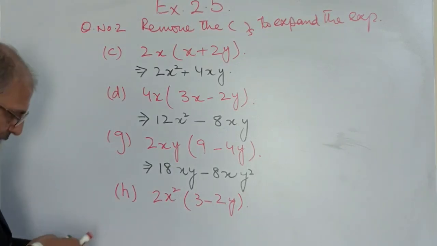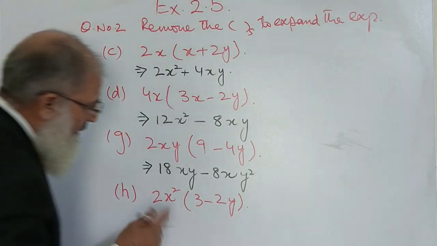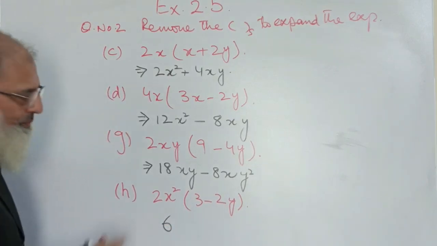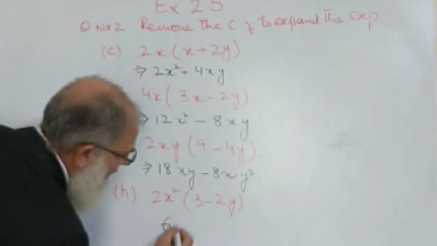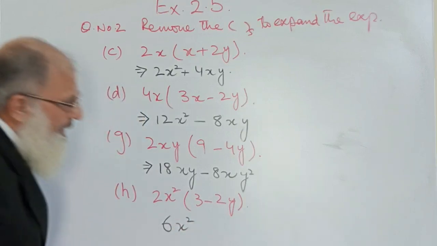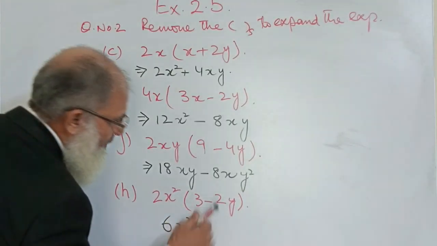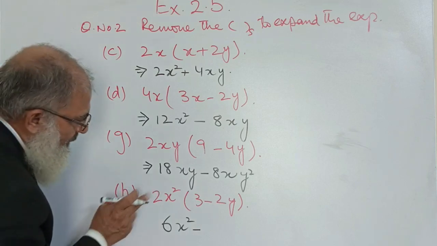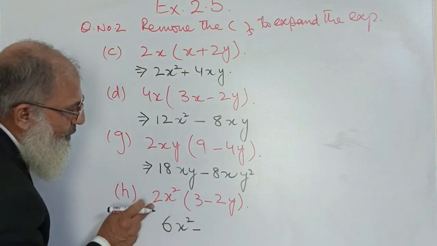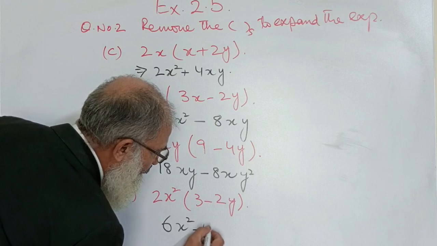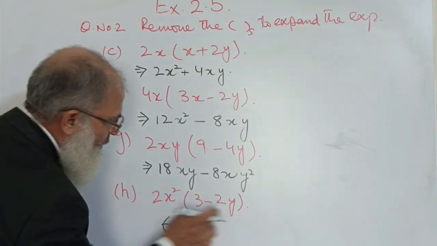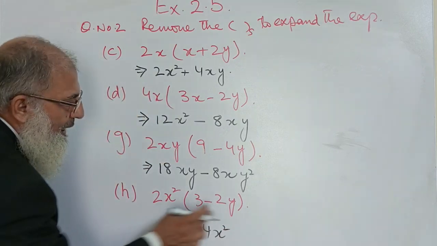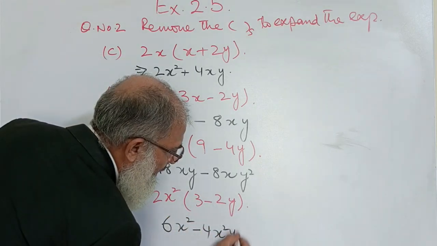Okay, it is very easy, nothing to be afraid of. 2 multiplied by 3 is 6. x square, and we don't have anything, it will remain x square. 2 multiplied by 2, write the minus sign because here it is positive. Plus minus minus, 2 multiplied by 2 is 4. Write x square as it is, and y also.